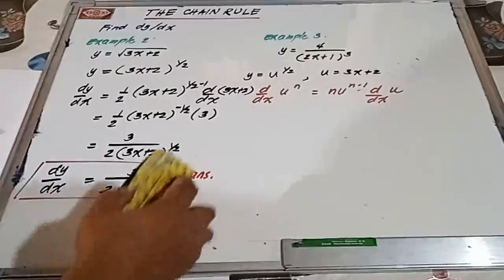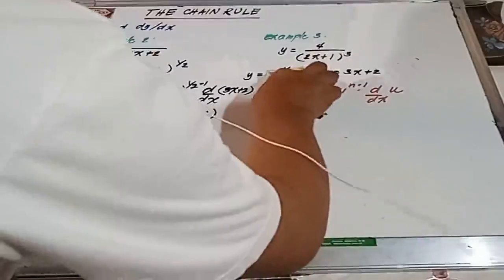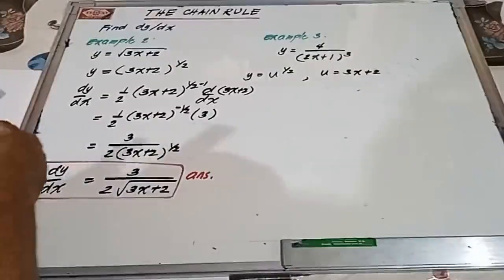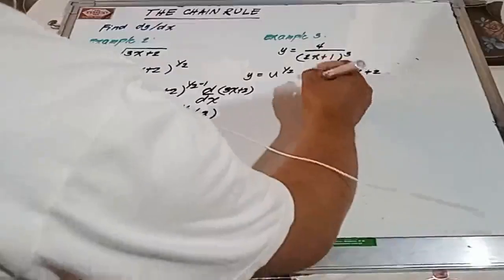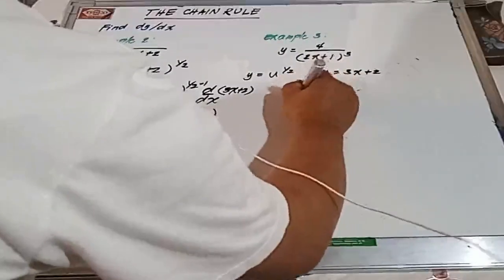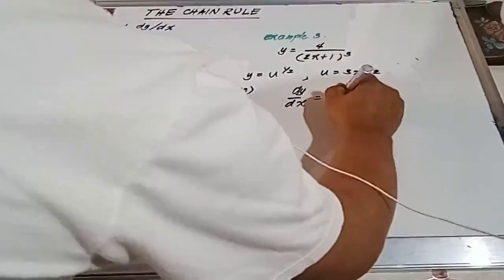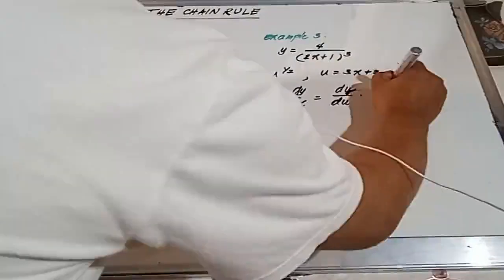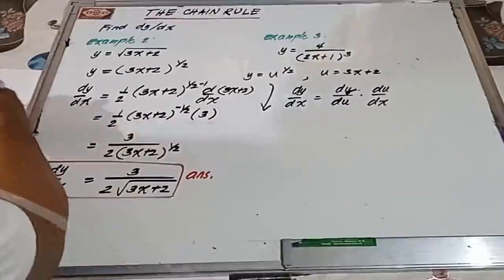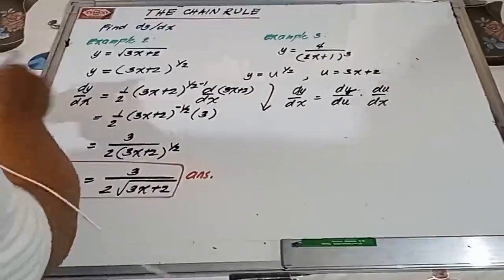And the second way to do that, ito. Yung second approach natin or method, we can apply dy over dx equals dy over du times du over dx. So from here, pwede natin kunin si dy over du.